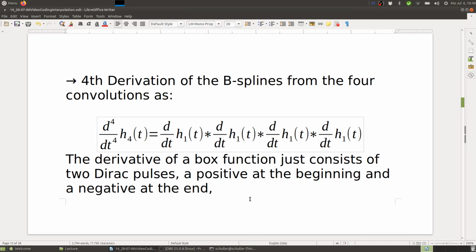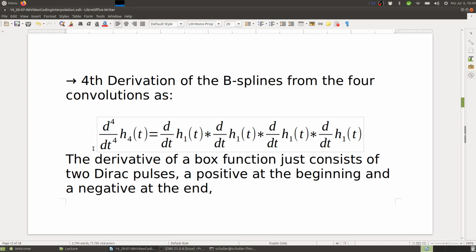Then we can extend it to 4 derivatives. We take the 4th derivative of our sequence of 4 convolutions of the box function itself. Remember, H4 resulted from 4 times convolution of the box function with itself.